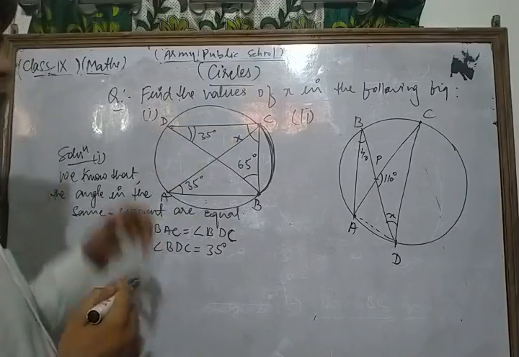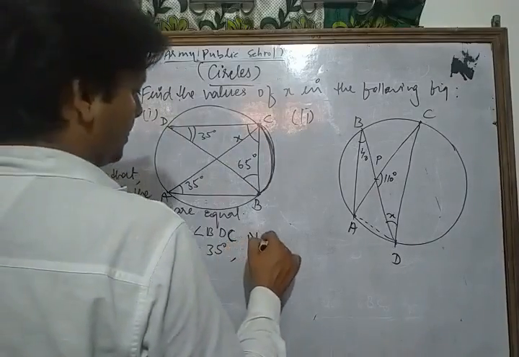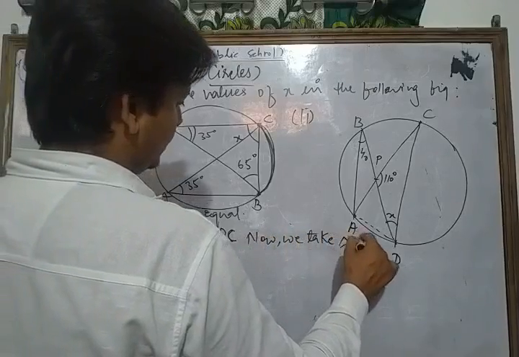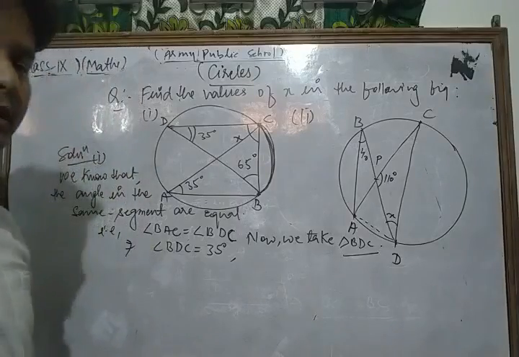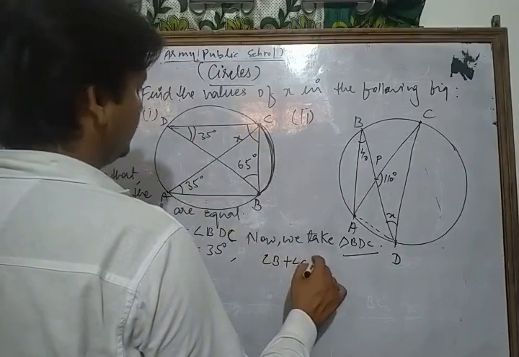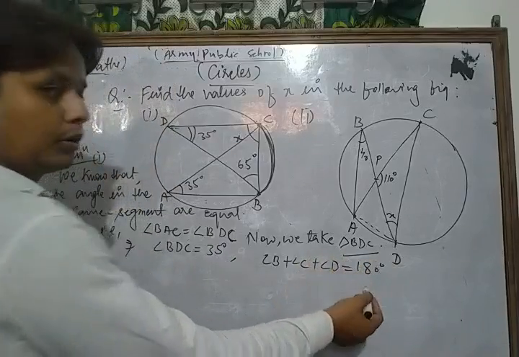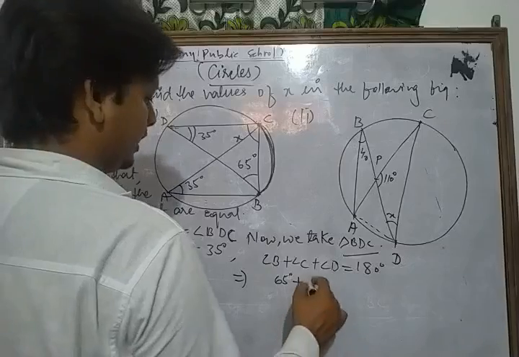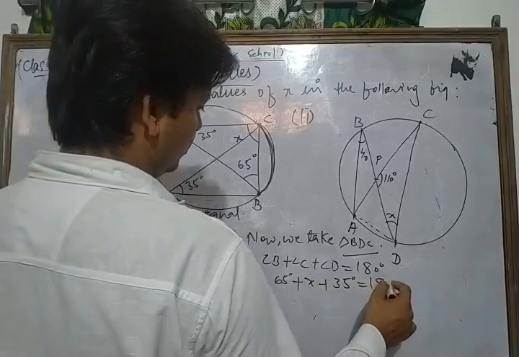Now we take triangle BDC, and in triangle BDC we apply the angle sum property of the triangle. So in triangle BDC, angle B plus angle C plus angle D is equal to 180 degrees. Okay, so we put in all the values. Angle B is 65. Angle C is x, which we find. Angle D is 35.